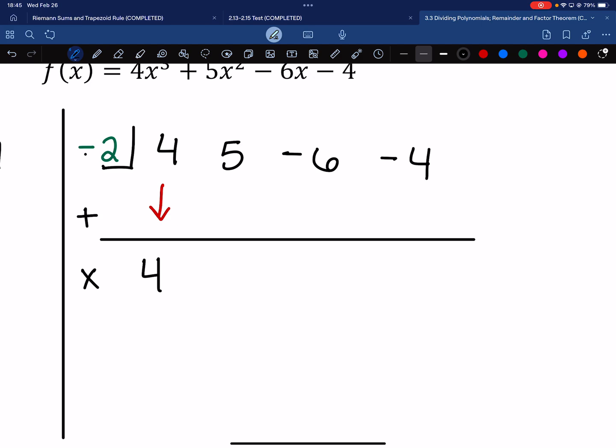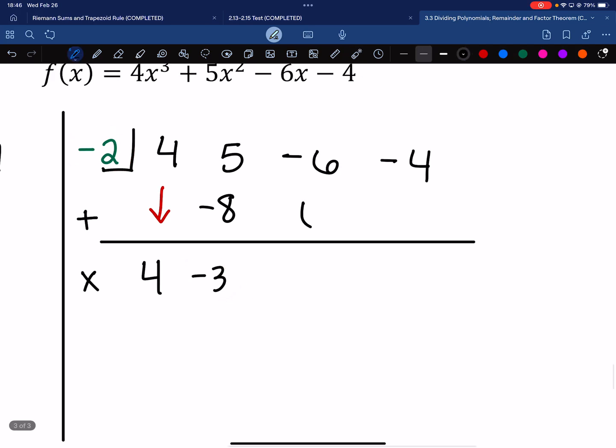Multiply. -2 times 4, -8. 5 plus -8, -3. -2 times -3, 6. -6 plus 6, 0. -2 times 0, 0.